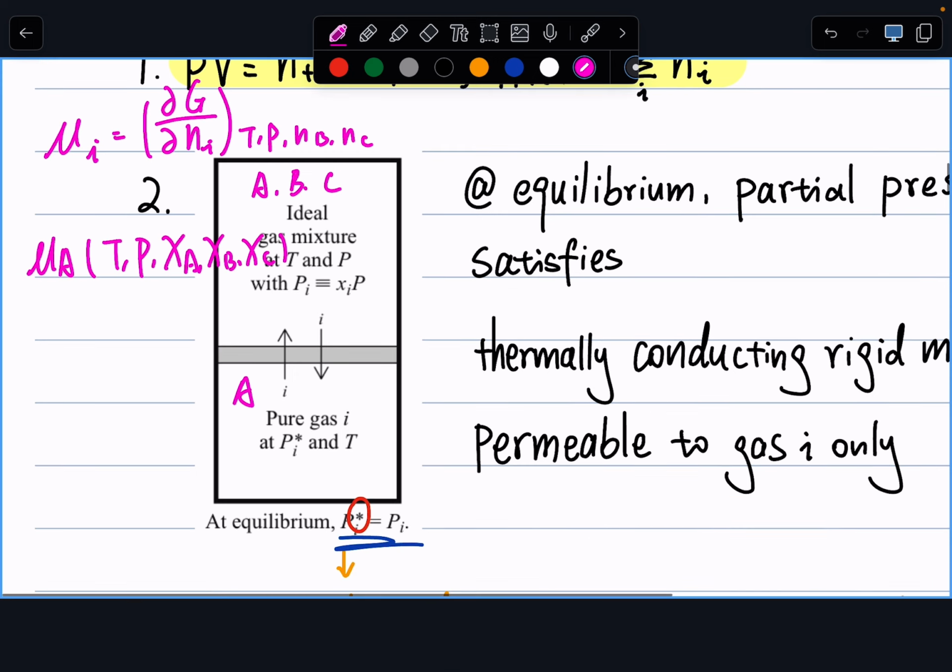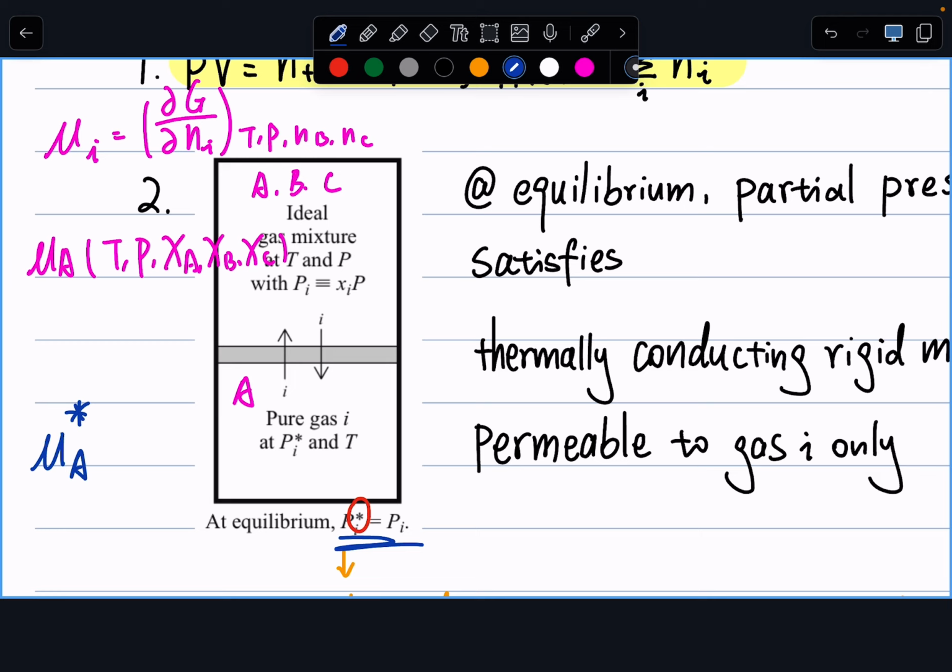But because we can set up such an equilibrium between the top chamber, which is an ideal gas mixture, and the bottom chamber, which is a pure substance, it becomes easier. For the bottom chamber, we only have one gas in there. So we have mu A, and this little star denotes that this is a pure gas.